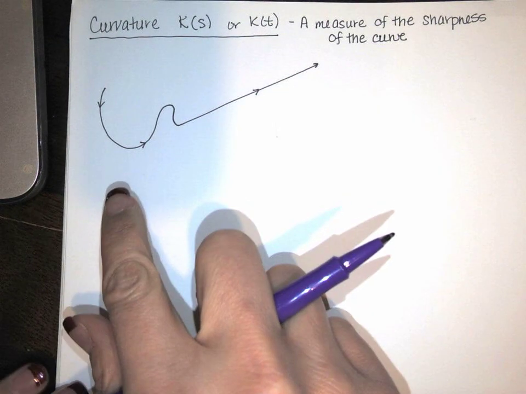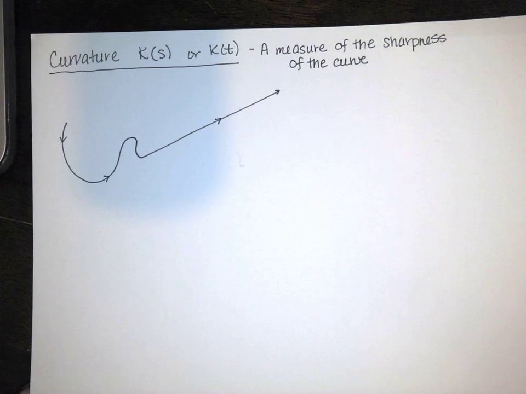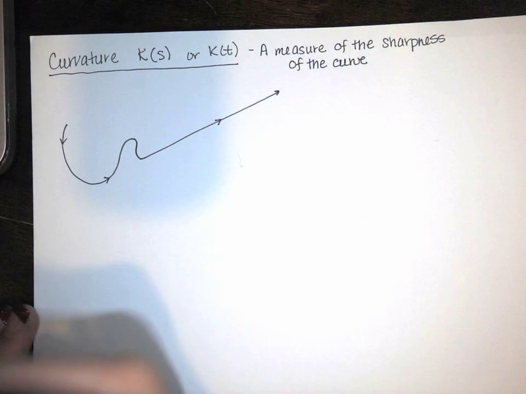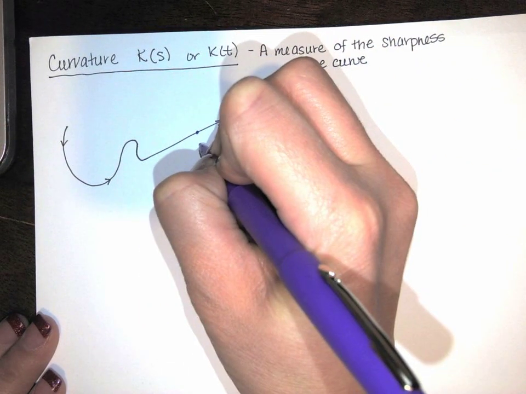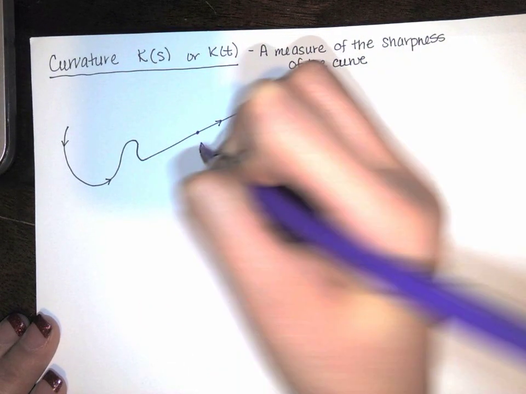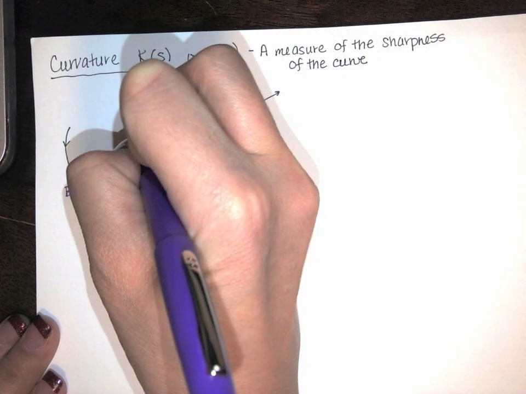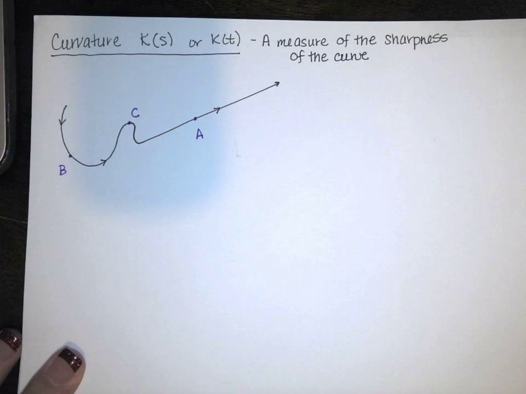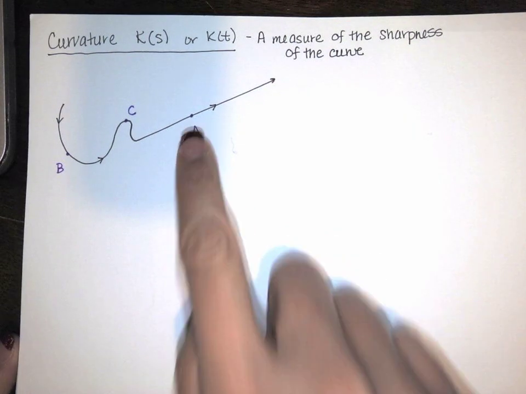So I'm trying to measure how much my curve is turning, like how sharply it's turning. And let's say I want to measure that at this point A and this point B and this point C. One way I can do that is by looking at how much the unit tangent changes in the vicinity of that point.